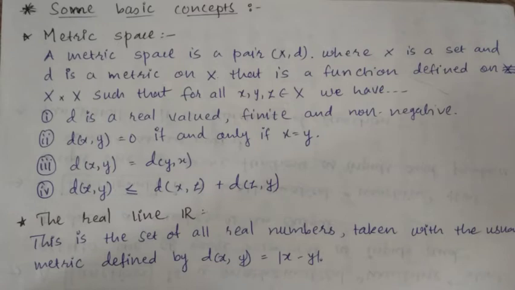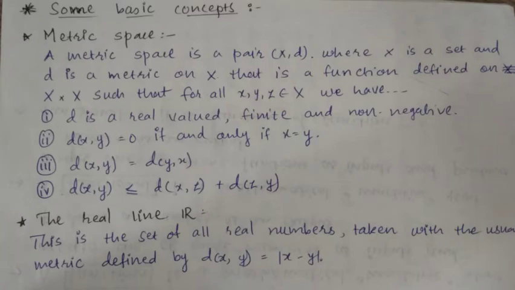The first property is d is real valued. Here you can see that all my elements are in R. So it is real valued, finite and non-negative. I have taken the modulus, so it is non-negative, also finite and also real valued, right? The second property is d(x,y) is 0 if and only if x is equal to y.